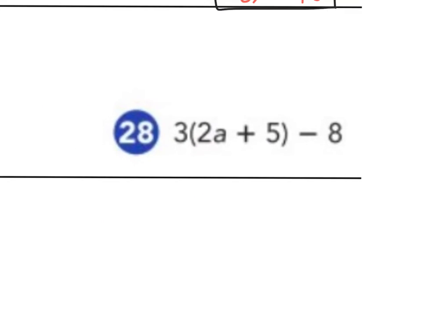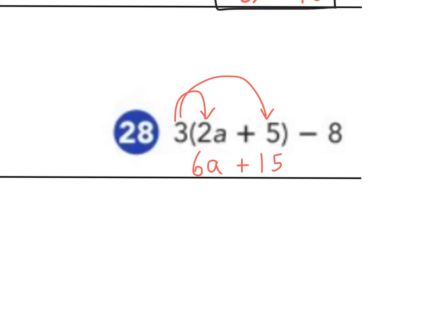Here we go, last problem. I see these parentheses right here, so I have to distribute the 3 just to the values that are in the parentheses. Okay, so 3 times 2 is 6a plus 3 times 5 is 15. It's really easy when we are dealing with positive values and whole numbers.